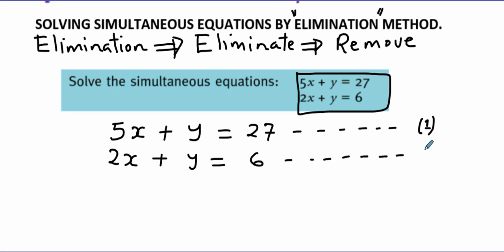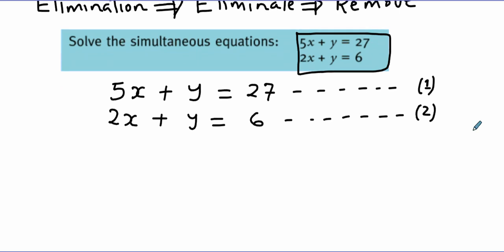This is equation number 2. See that? Correct. Now, the elimination method requires a student to remove one letter in order for us to get the other remaining letter.